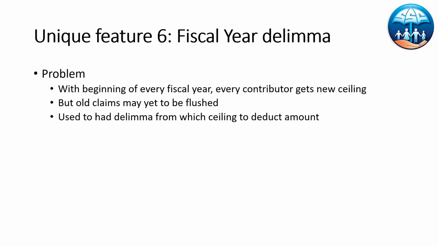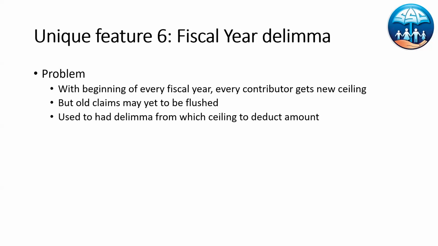So at the end of the old fiscal year, there may be a list of claim files for processing or reviewing. These old claims need to be deducted from the old available balance. But since the new fiscal year has introduced new balances, there was always confusion about how to manage those old claims against the old benefits.